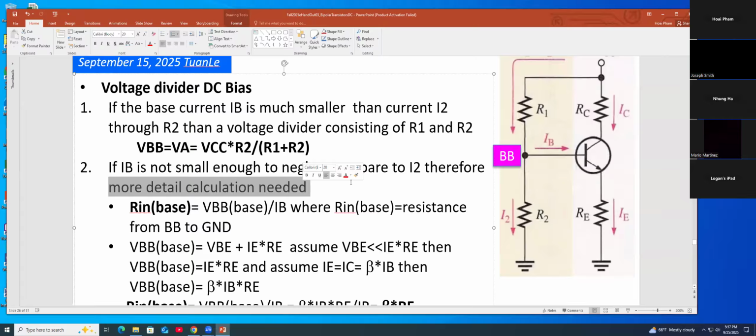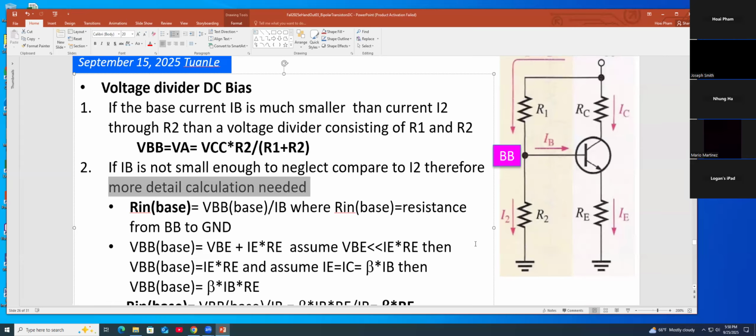Before, one student was asking me, that from the VBB to the ground, you still get a resistor. However, this resistor is too big, so it is ignored in the calculation.